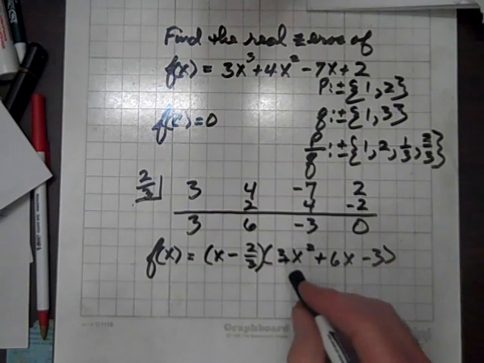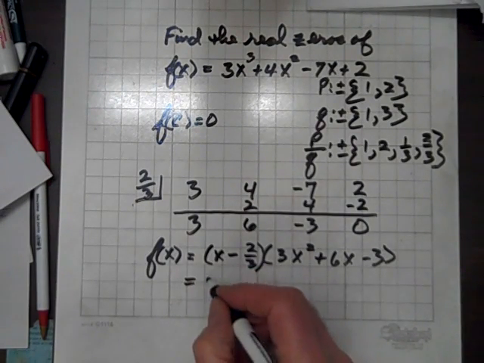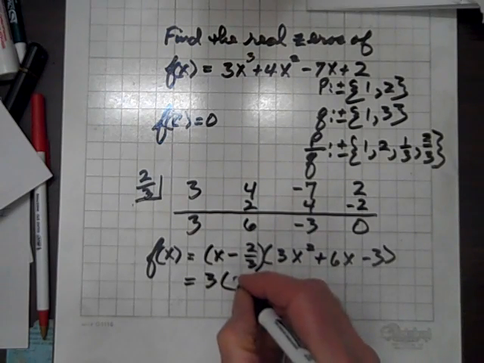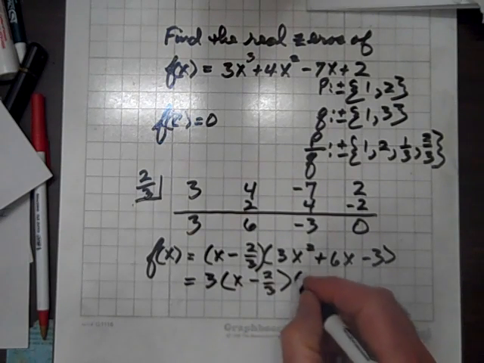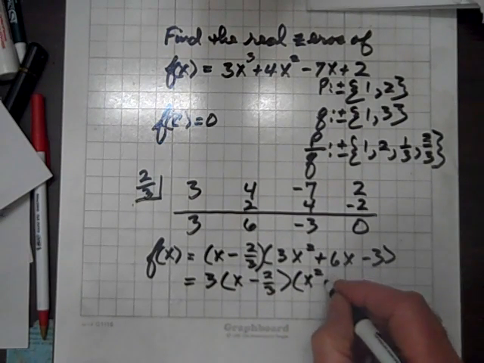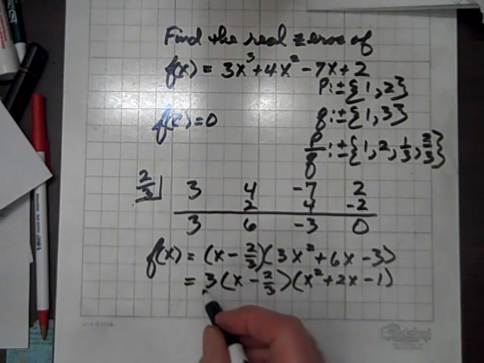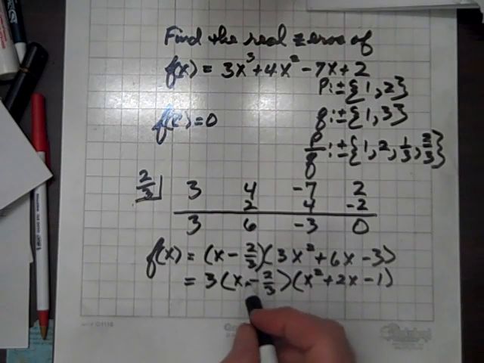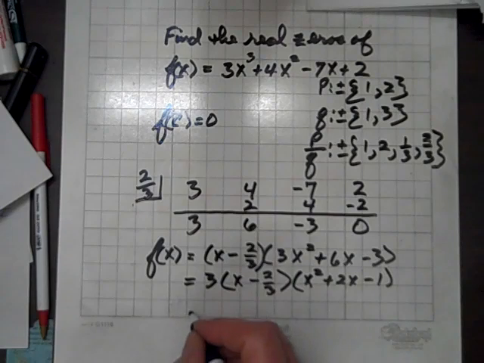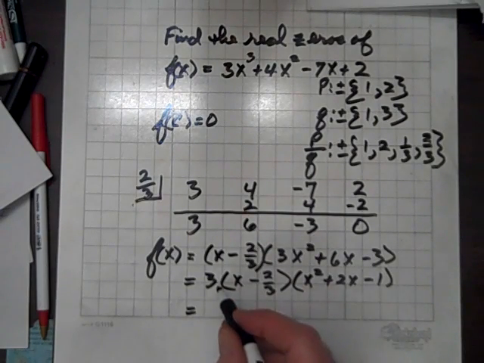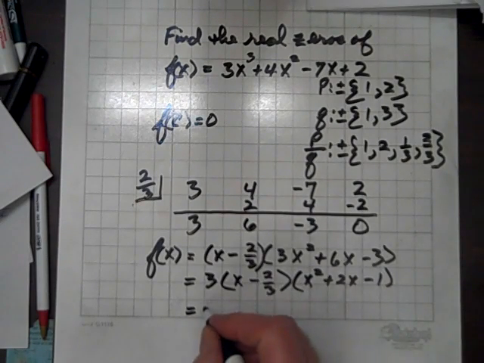Now we'll factor a 3 out of each of these terms, and so f of x equals 3 times x minus 2 over 3 times x squared plus 2x minus 1. And now we'll distribute that 3 through this linear factor. The reason we're going to do that is because we will wind up with a simpler product.